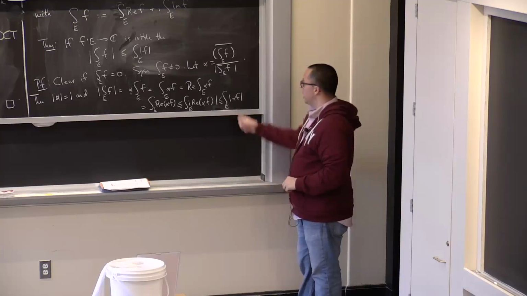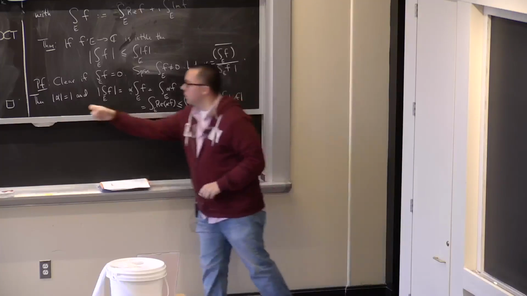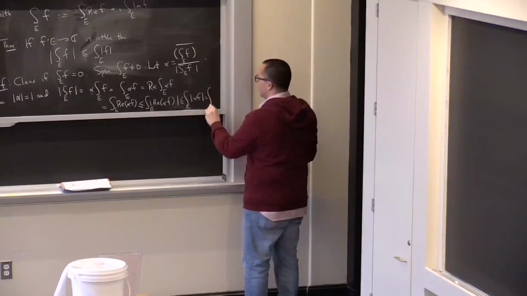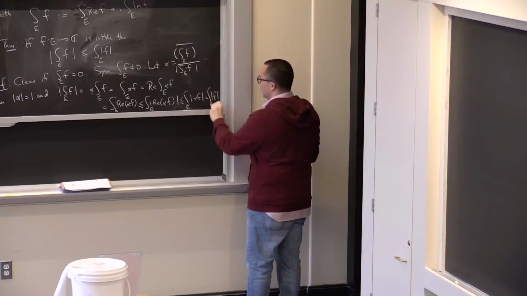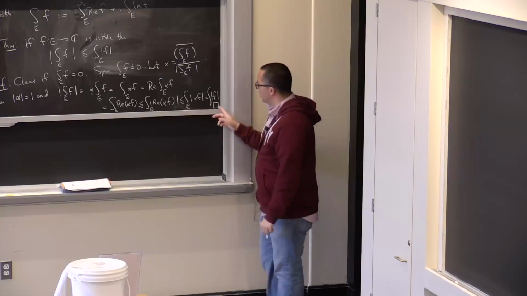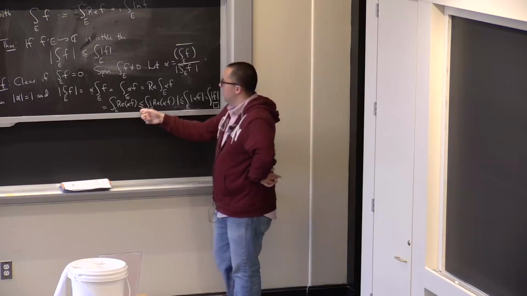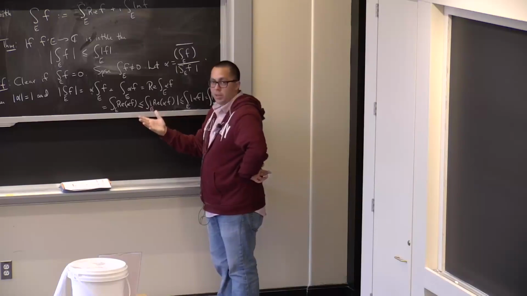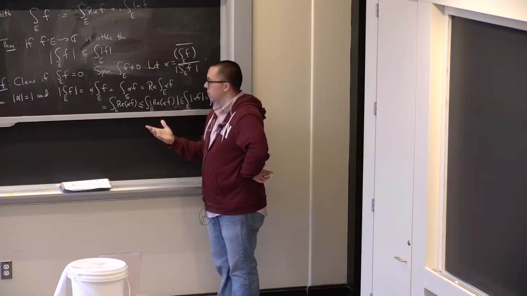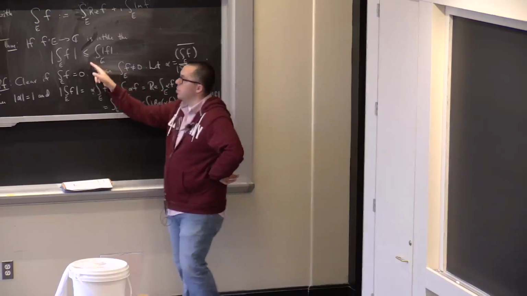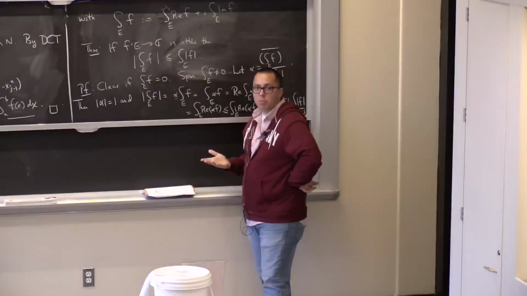And alpha has modulus equal to 1, so this is equal to the integral of the absolute value of f. So at this point right here, we used what we knew about real valued integrable functions.